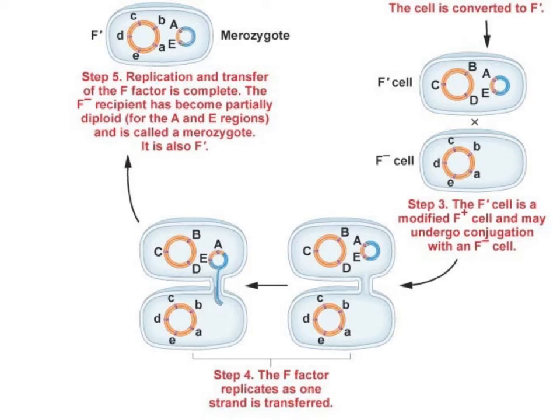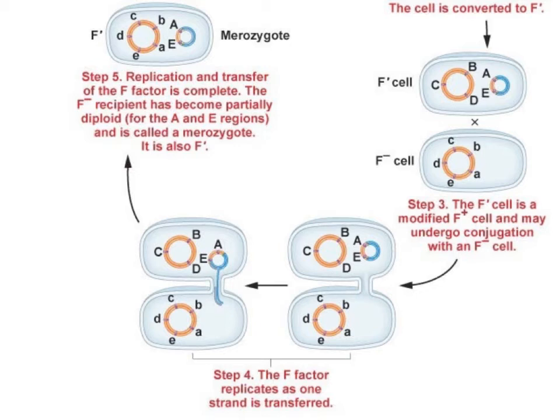Okay, this cell, unlike the one on our previous slide, where they had 2 copies of gene A and B, but one of them was just a linear piece of DNA floating around and probably not terribly stable, could be problematic. This merozygote, this F prime cell, is stable. It has its own F factor, it has its bacterial chromosome with all 5 genes on it, but for genes A and E, it is diploid for those and will remain diploid.